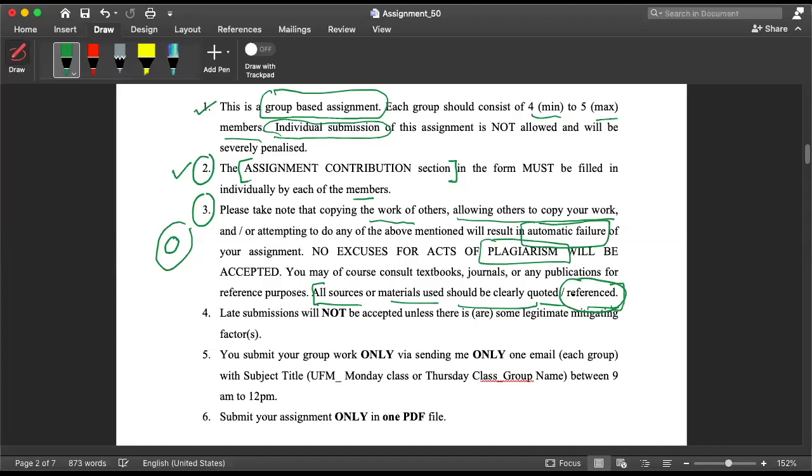You can use a textbook, lecture slides, any journal articles, or you can go to the internet. You can go to any websites. But the idea is that wherever you source information from, make sure you give me a reference for it. Reference means how do you know this information? So you have to provide me a reference, right?